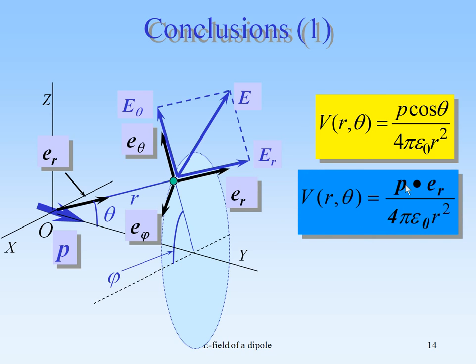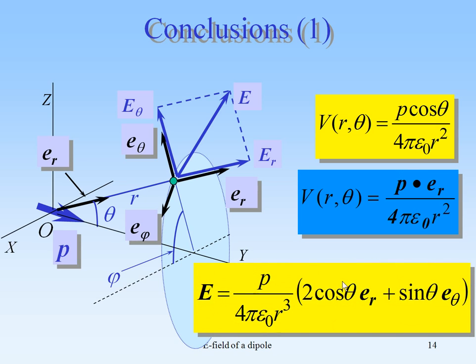We can write it as a scalar product of P and ER. P is the dipole moment vector. The electric field strength is P over 4 pi epsilon naught r to the power 3 times 2 cosine theta ER, the ER component, this one, plus sine theta E theta, the theta component, this one.